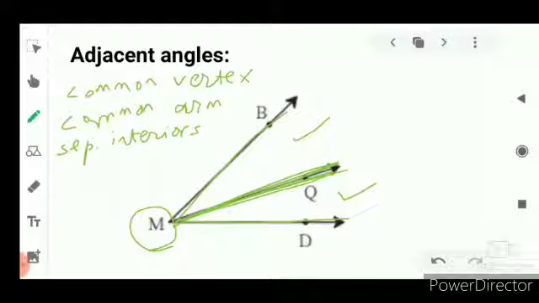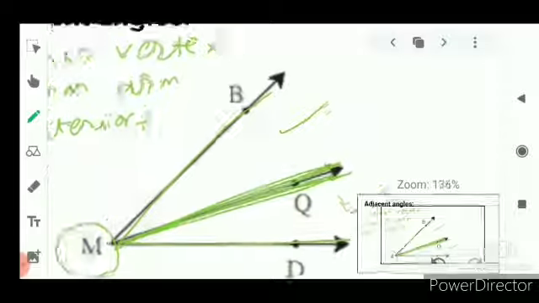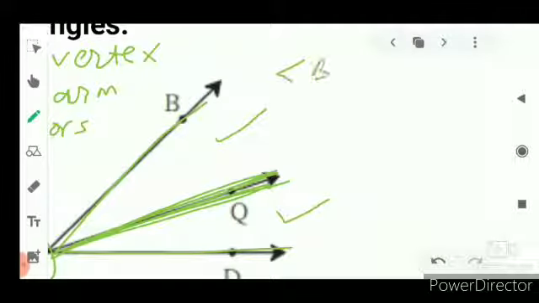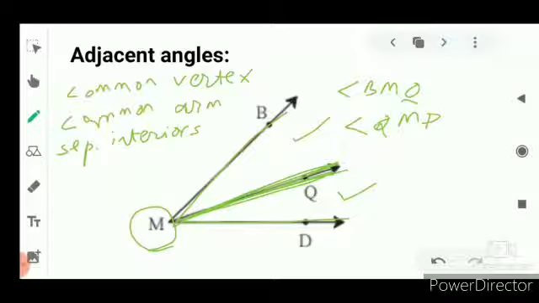So they satisfy all three conditions: common vertex, common arm and separate interiors. So angle BMQ and angle QMD are adjacent angles.